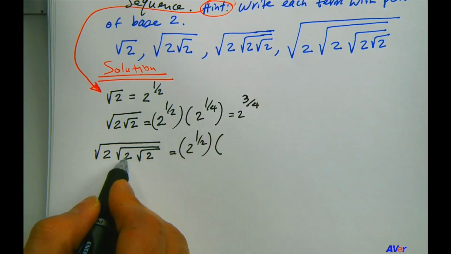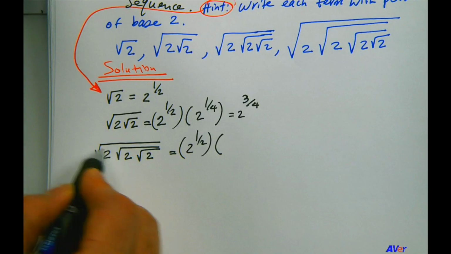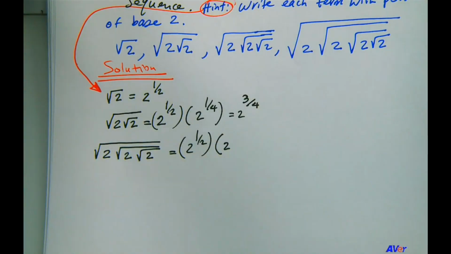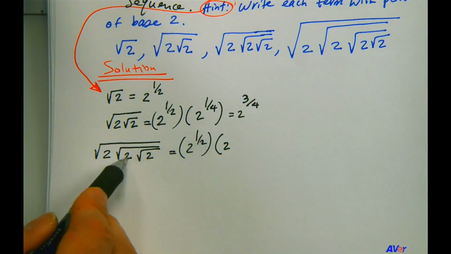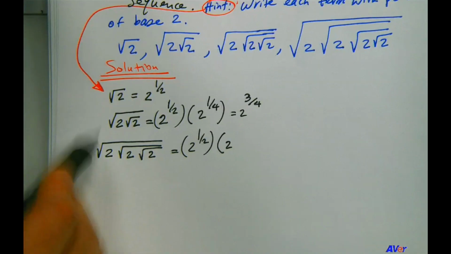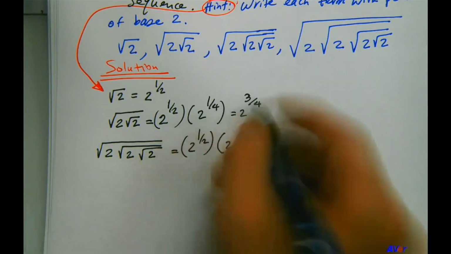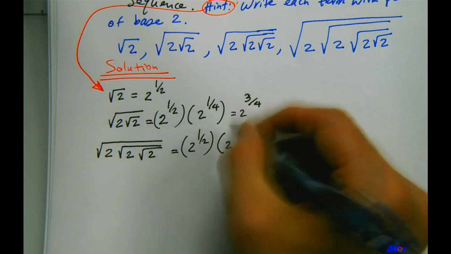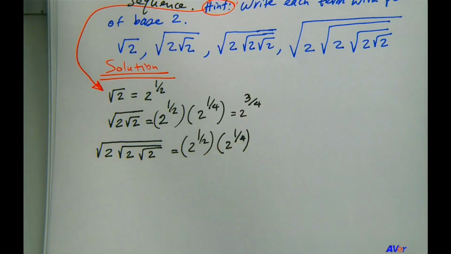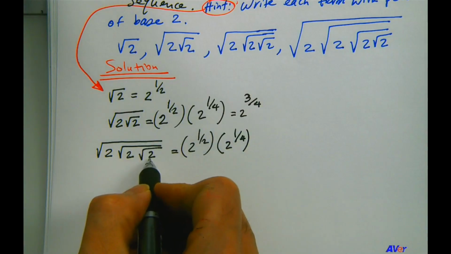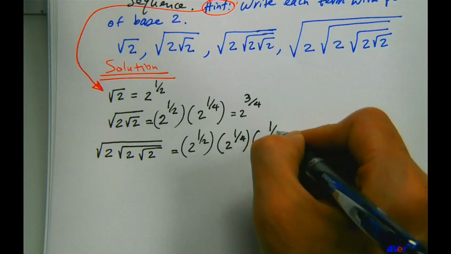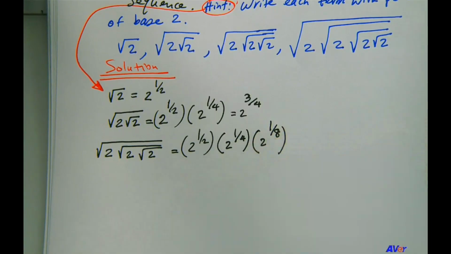The second one is within an embedded radical expression, so it'll be 2 to the 1/4, because this one, like that one, is 2 to the 1/2 power, but it's within another one that has 1/2, so they get multiplied. And that's within another radical, so that'll be 2 to the 1/8 power.